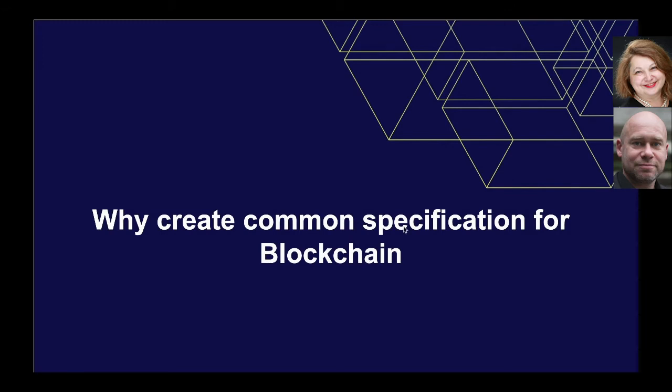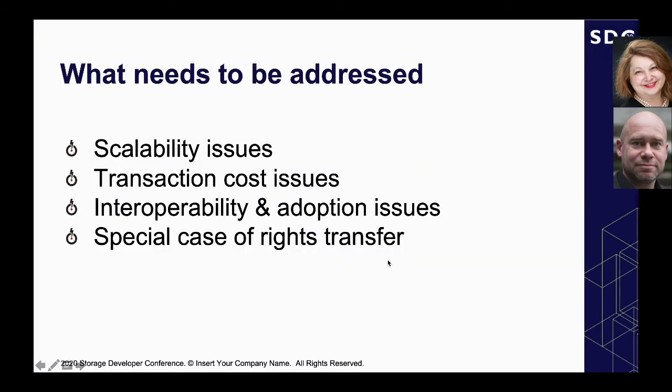What are the needs we need to fulfill? First need is scalability. Unfortunately, in terms of users and transaction volumes, existing blockchains cannot compete with their traditional centralized counterparts. Second need is the cost of transaction. And we have two components here: the cost of consensus and the cost of syncing the chain across the whole network.